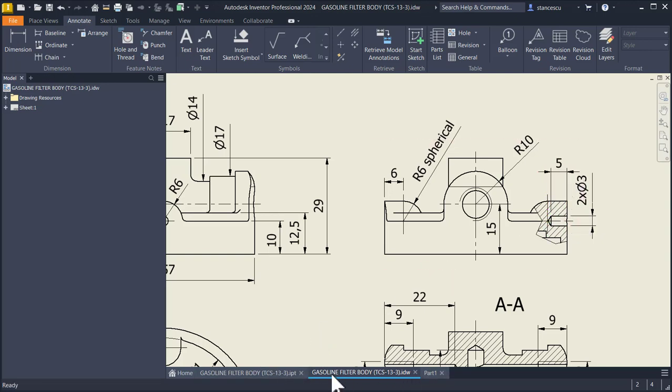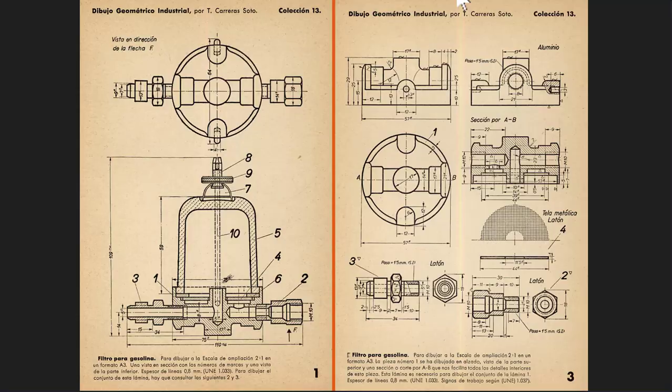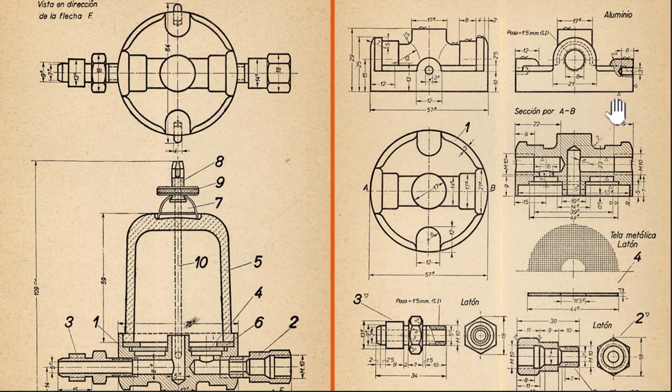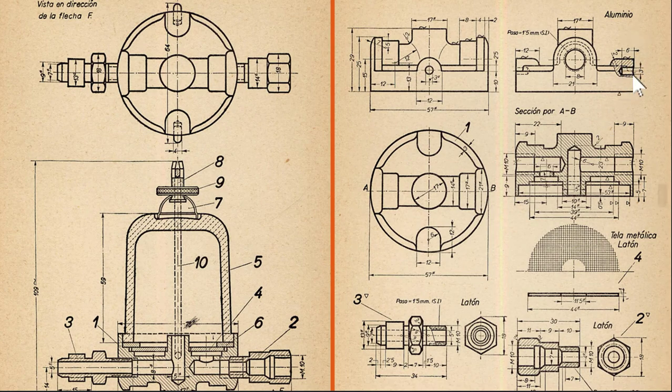In the drawing of Timoteo, this is 6, but I observed that in this case we enter in the internal volume and I changed to 5 millimeters.